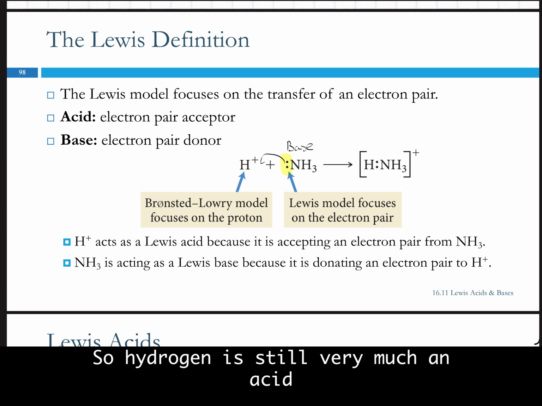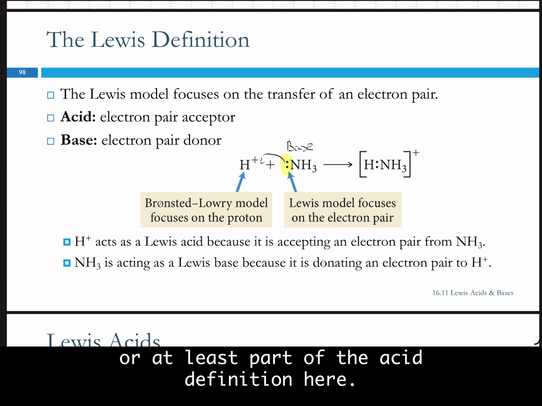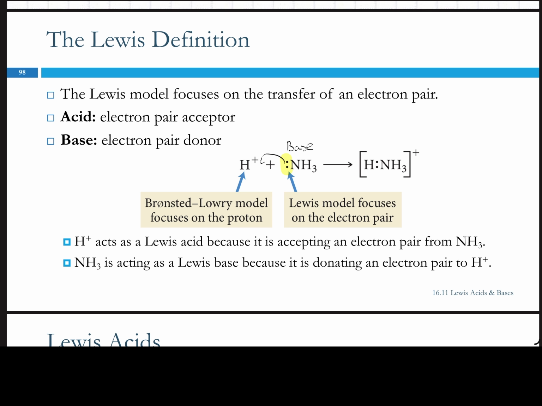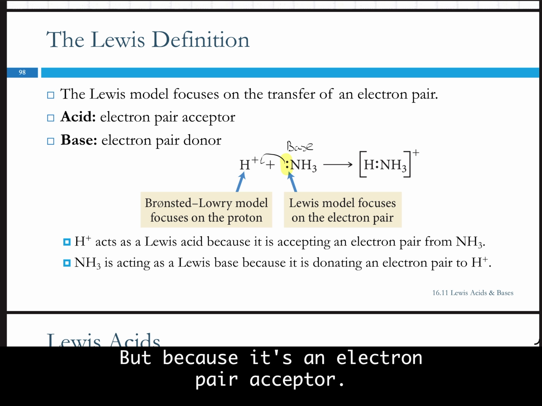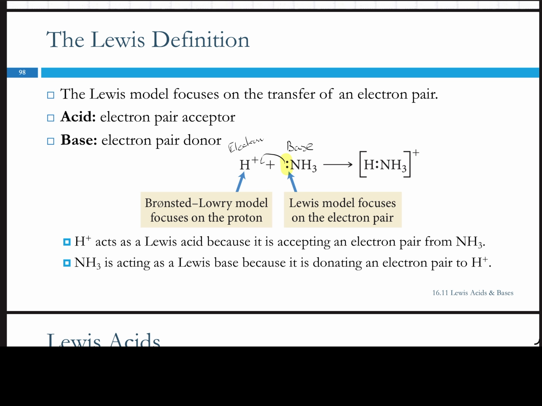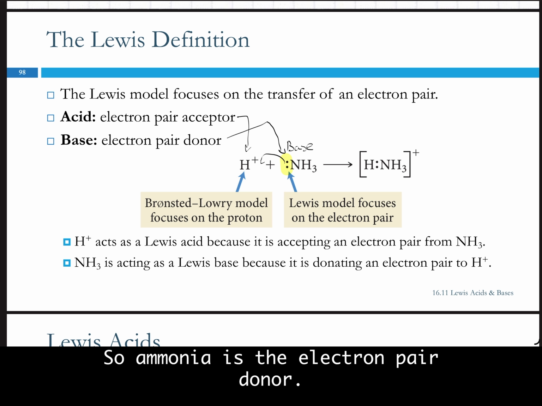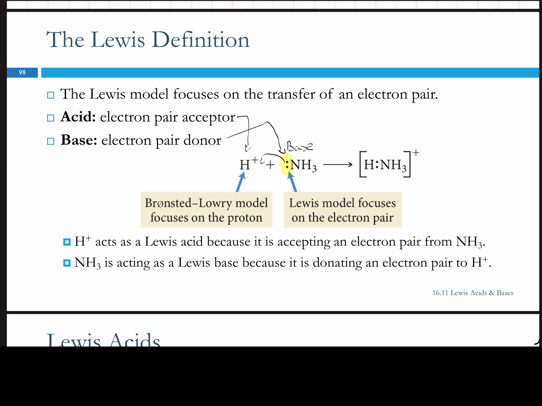So hydrogen is still very much an acid, or at least part of the acid definition here. But because it's an electron pair acceptor, I'm going to draw arrows. So ammonia is the electron pair donor.